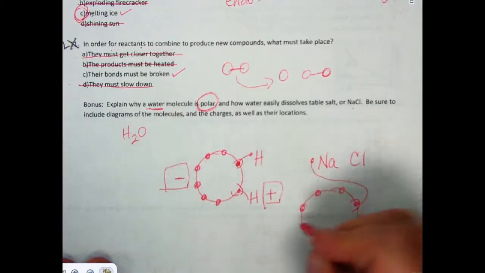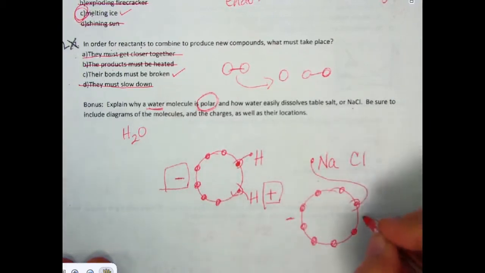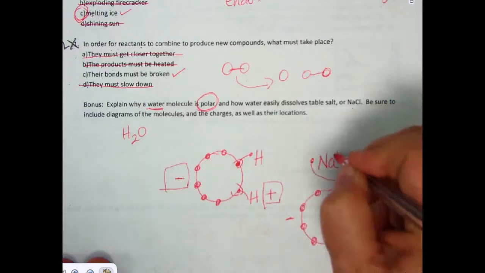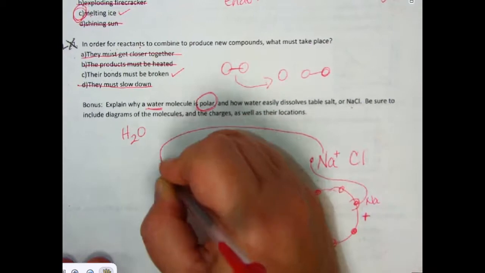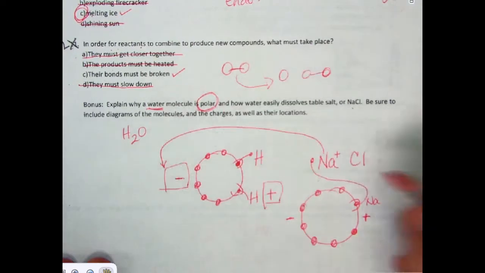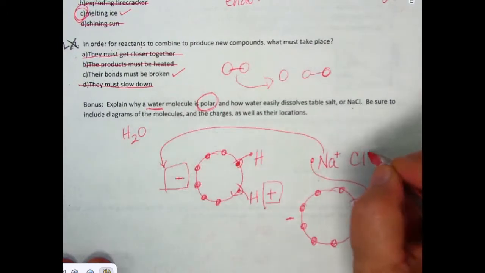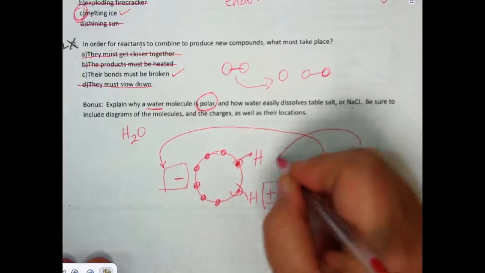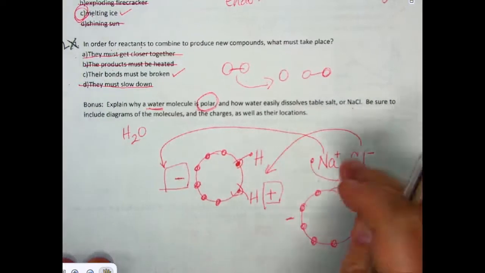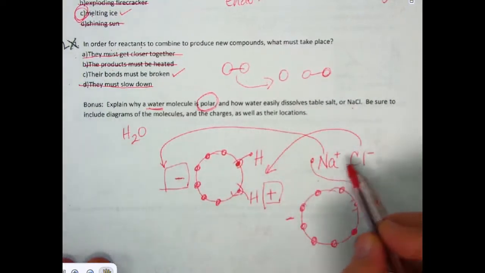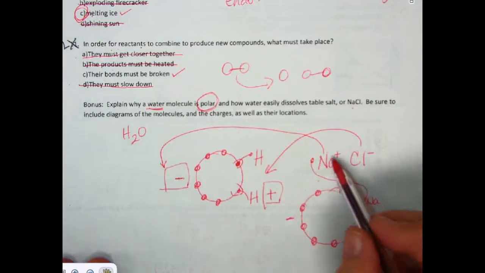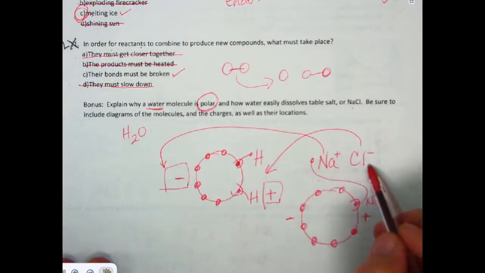So chlorine becomes slightly negative and sodium becomes slightly positive. Okay, so there's sodium. So the positive sodium will go over to the negative end of water, and the negative chlorine will go to the positive end of water, and that's why it dissolves, because water is able to split apart this combination of sodium and chlorine.